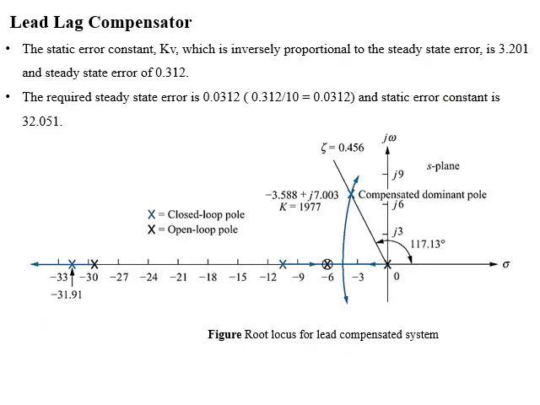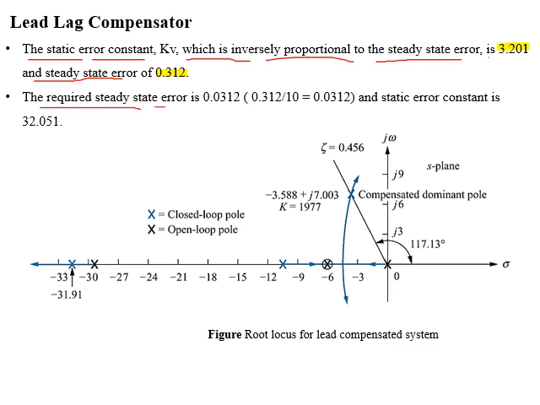Dear students, now we will calculate the static error constant for the uncompensated system. The static error constant, which is inversely proportional to the steady state error, is equal to 3.201, where the steady state error is 0.312 for the uncompensated system, and the design problem requires a 10 times reduction in the steady state error.